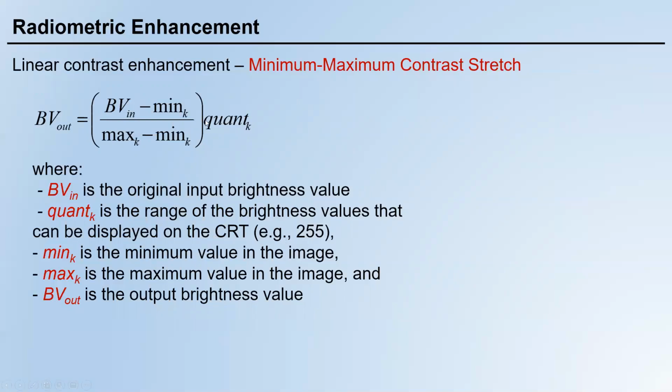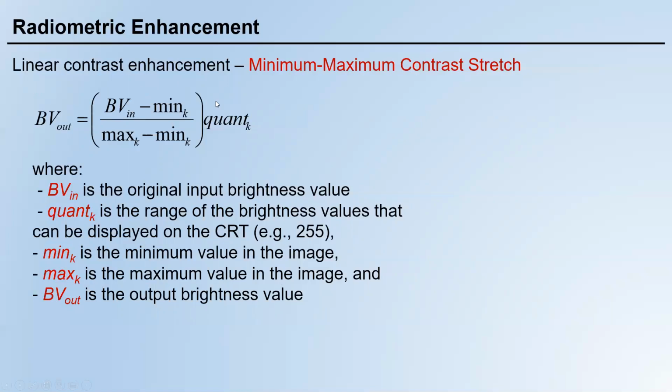Usually, this value quant K is 255. Okay, zero, you can just, for now, ignore it, okay? Okay, and min K is the minimum value in the original image, the image before enhancement, and max K is the maximum value in the image.